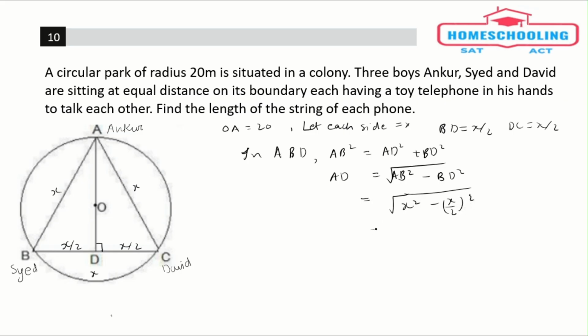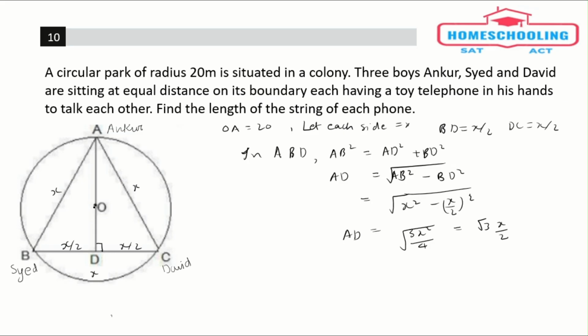So after we solve it, 4x square minus x square is going to be 3x square by 4. If we take out the root, it is root 3x by 2. So this is your AD.